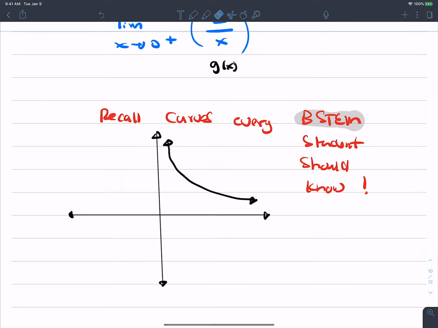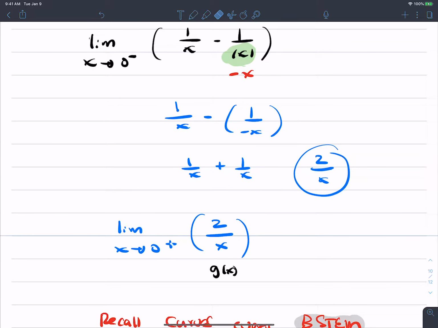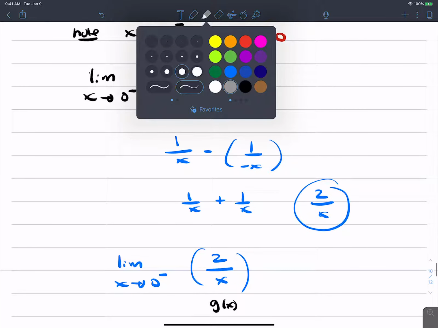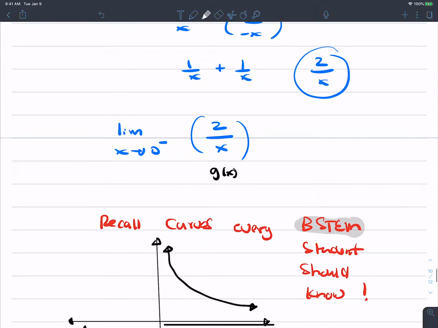It's 2 over x. This is the curve. I don't want to draw a line. All right, let's just keep it like that. Now, remember, we're going to 0 from the left. Let's double check we're up to date. 0 from the left means x is negative.